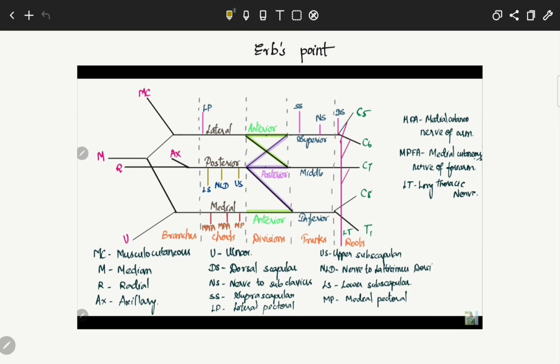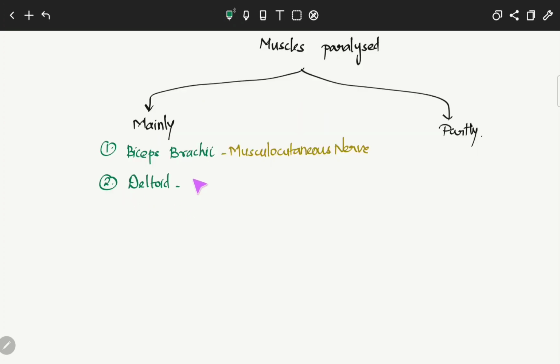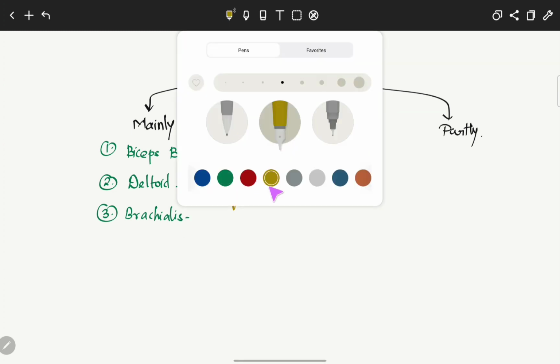The next muscle is the deltoid muscle, which is supplied by the axillary nerve, which is derived from the anterior rami of the C5-C6 nerve roots. The next muscle is the brachialis, which is also supplied by the musculocutaneous nerve.